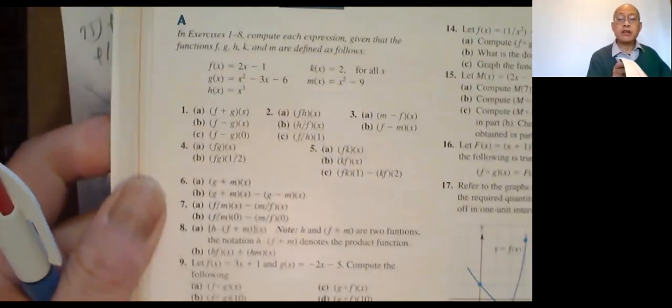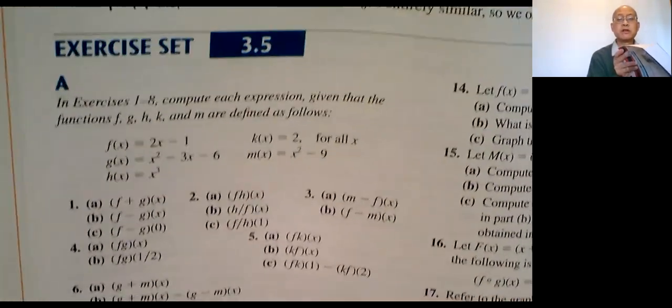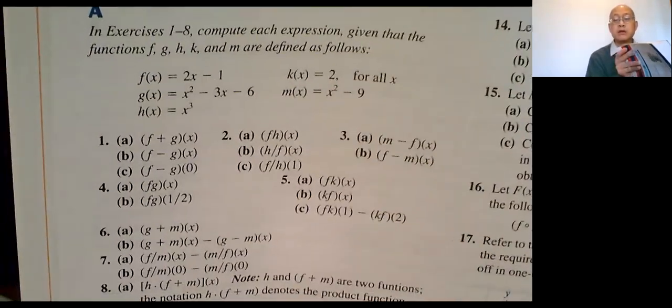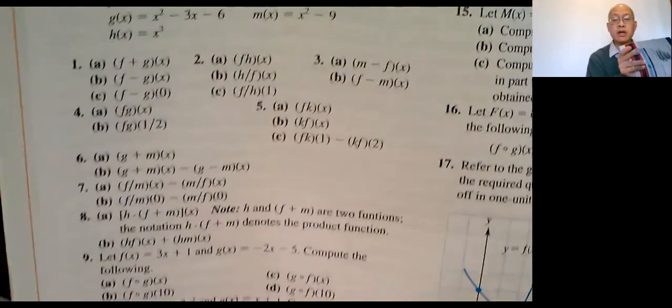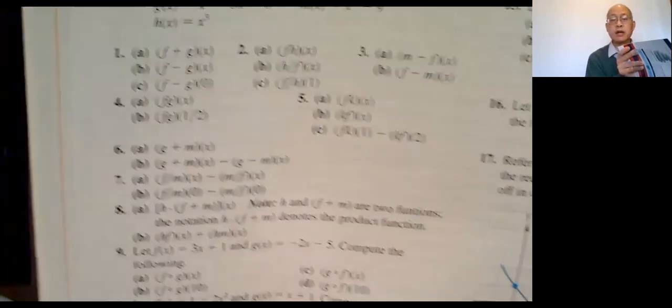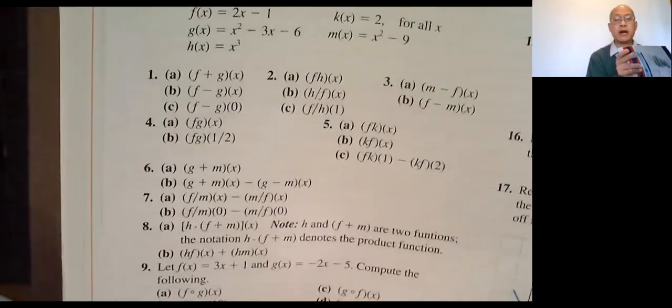All right, so they're giving you all these functions, F, G, H, K, and M, different functions. So 1, 3, 5, 7, we're not doing any composition yet. We're just adding, subtracting, multiplying, and dividing. Okay, that shouldn't be too bad.